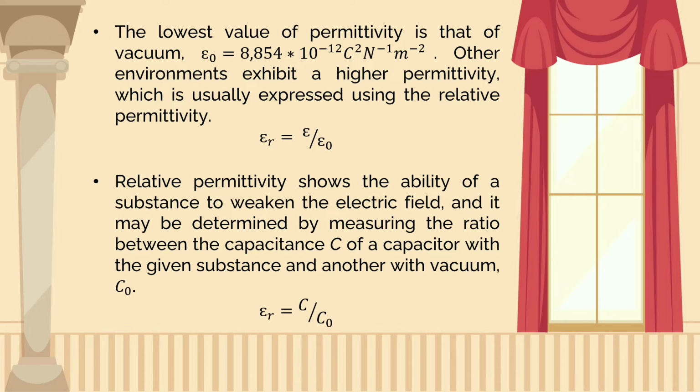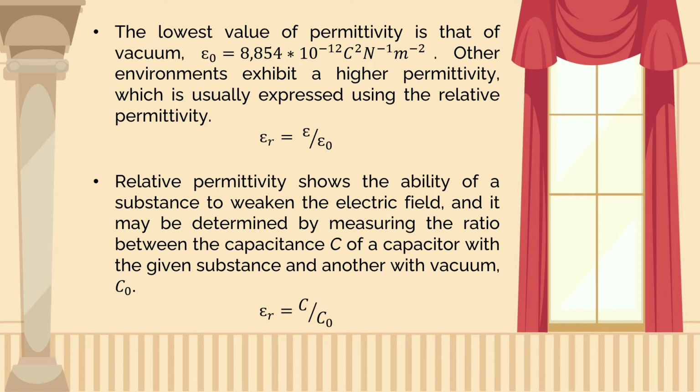Other environments exhibit a higher permittivity, which is usually expressed using the relative permittivity, where epsilon r equals epsilon (the permittivity) divided by epsilon 0.